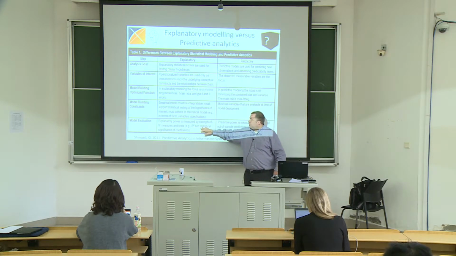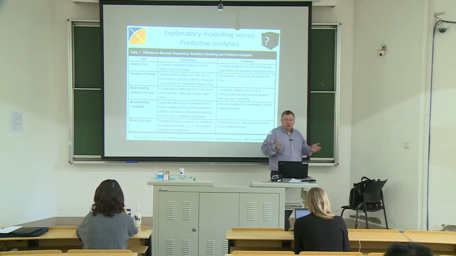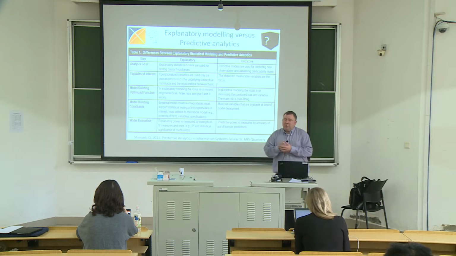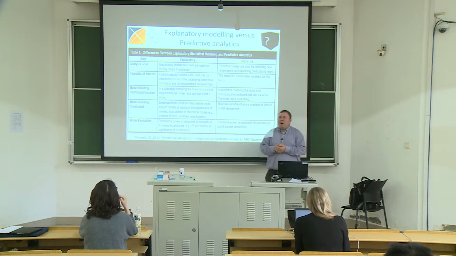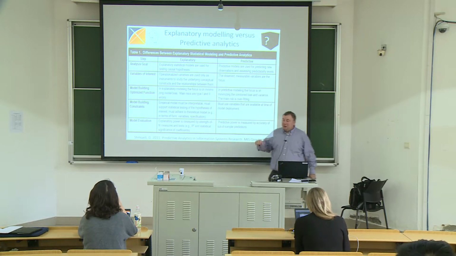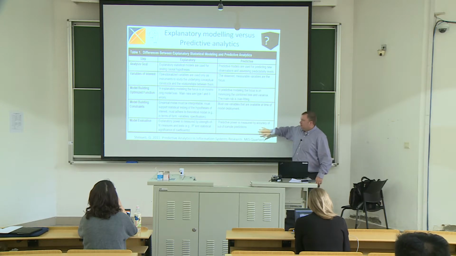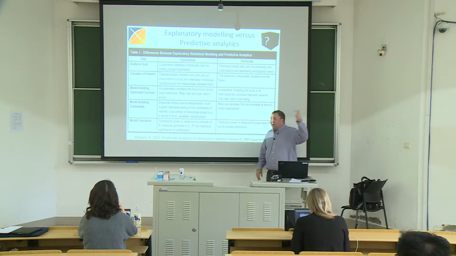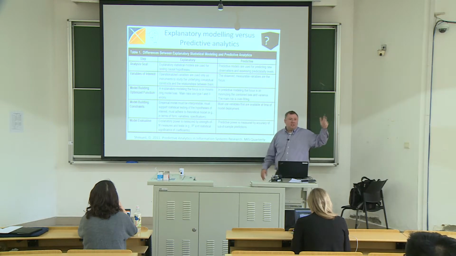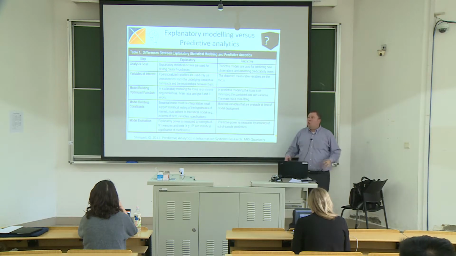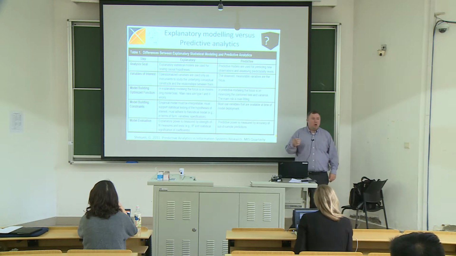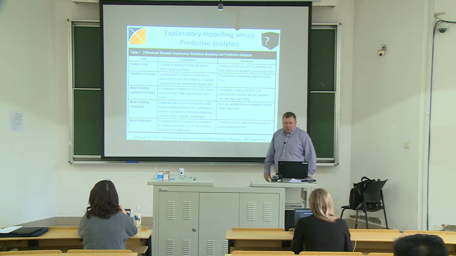And in an explanatory model, when I evaluate a model, there are different statistics that I would use to know whether or not my model did a good job. In prediction, those measures that I just showed you, positive predictive value, sensitivity, specificity, accuracy, those are metrics that tell us how well our prediction model works at the task that we're interested in.